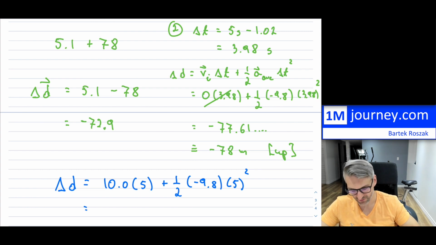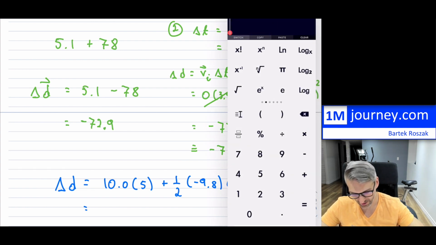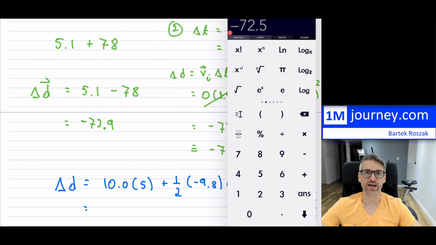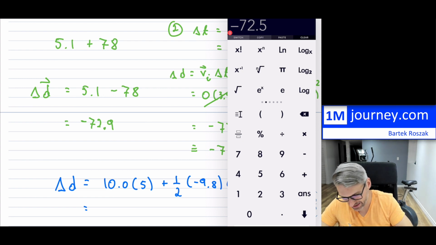And notice, if you substitute all of this in here, 10 times 5 is actually 50. The negative will come out, so it's going to be negative. And it's going to be 0.5 times 9.8, I'm putting it all in brackets, and 5 squared. And now this, you can do that and notice what you get. So you'll get exactly the same thing.